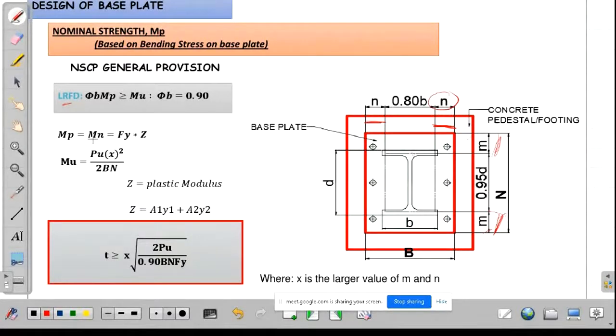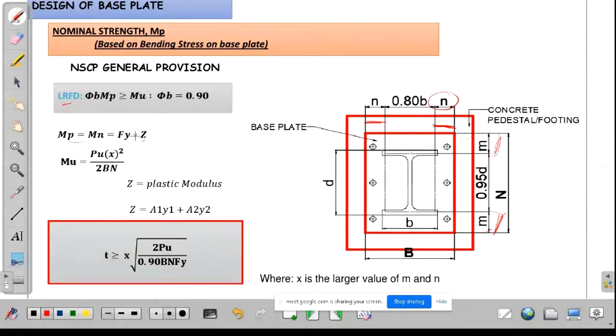So the nominal moment MP, ito, the nominal moment MP and MN is equal to the Fy multiplied by Z. So yung plastic modulus natin. Okay?